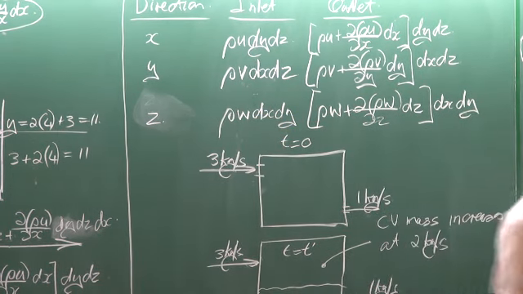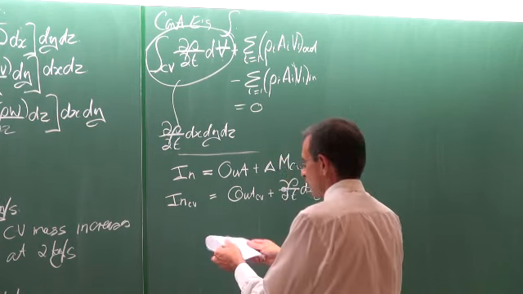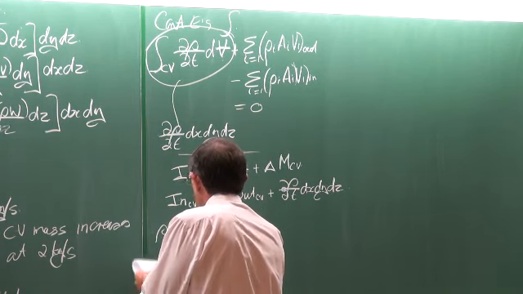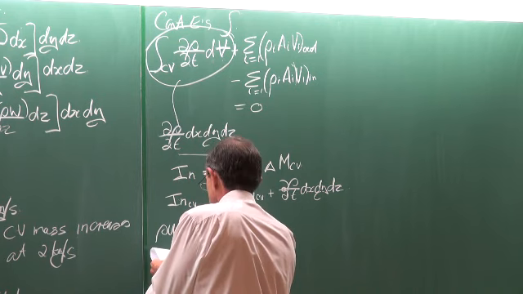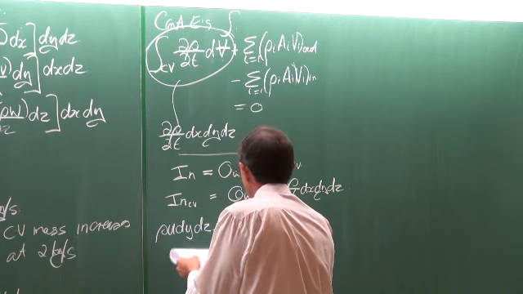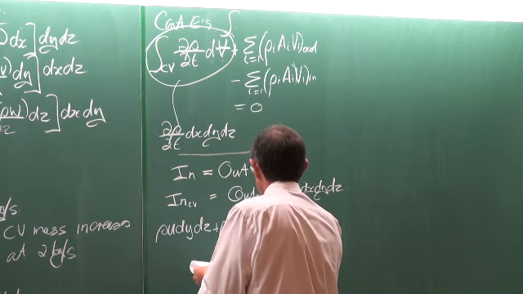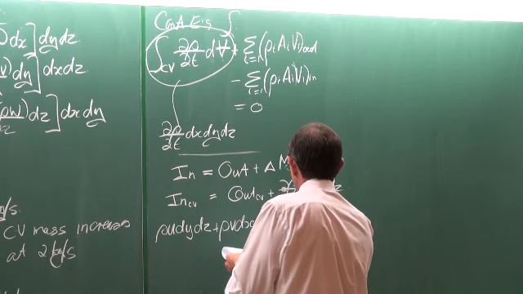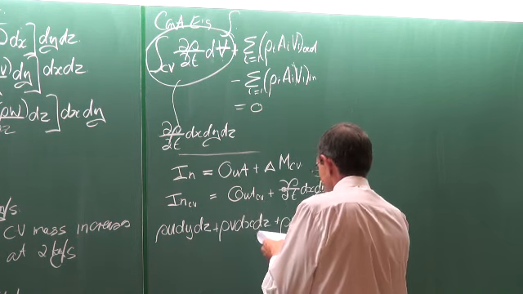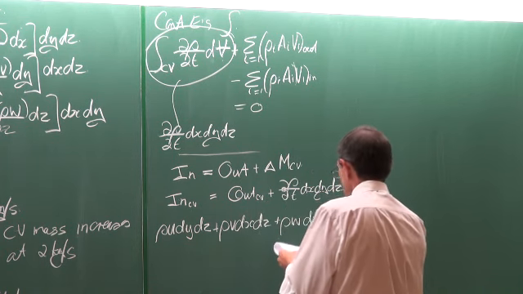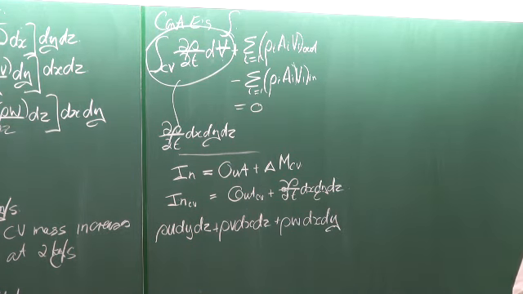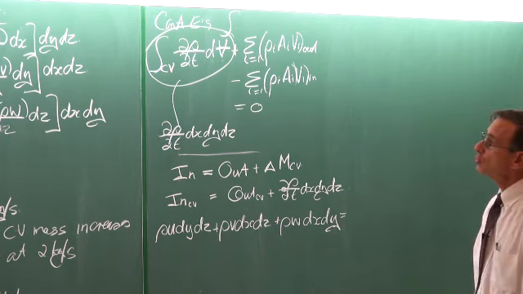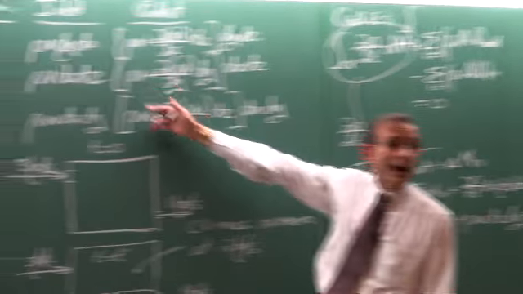You agree? Okay. So we do have some writing to do, and let's do that. Rho u multiplied by dy dz plus rho v multiplied by dx dz plus rho w multiplied by dx dy, all three terms going in, is equal to everything going out.